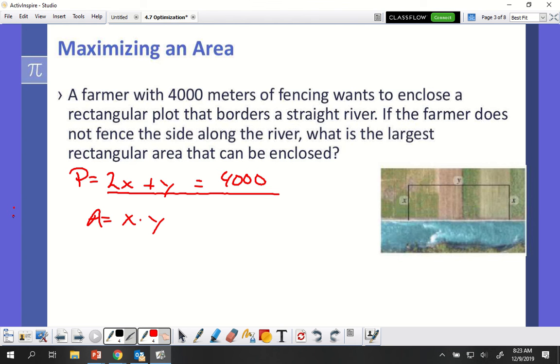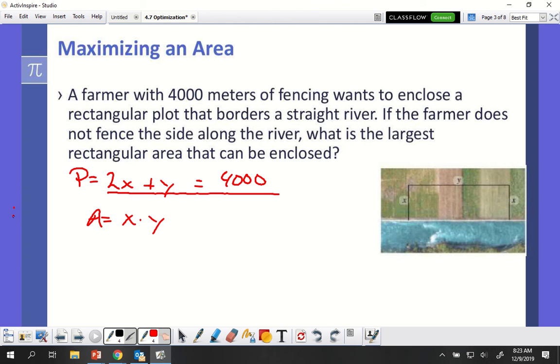But I only want to have one variable. I only want one variable. So I'm going to rearrange my perimeter part of my equation right here to replace one of my variables, either the x or the y.